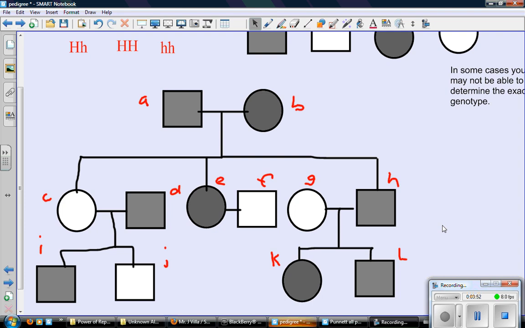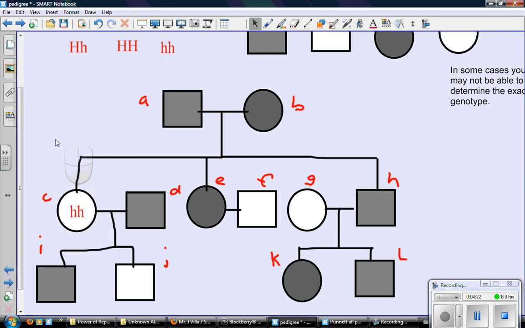Now, if you look at the offspring of those 2 fish, that would be C, E, and H. So A and B had 3 children. You've got C, a girl, but what else? Recessive. We know that fish C is homozygous recessive. It had to get 2 of the recessive gene.